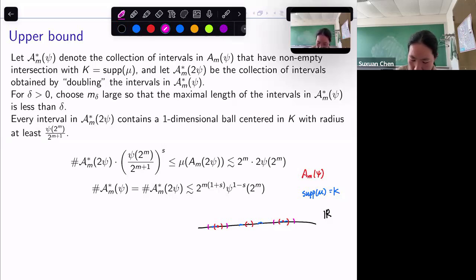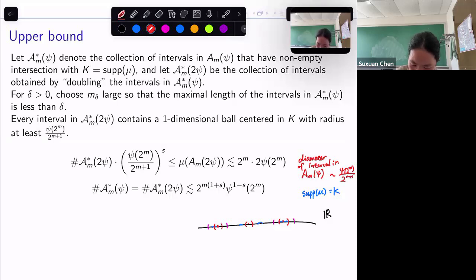Okay, first we recall that the diameter of intervals in AM psi is about psi 2 to the m over 2 to the m plus 1.